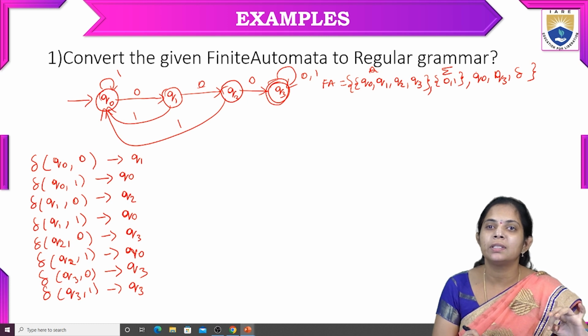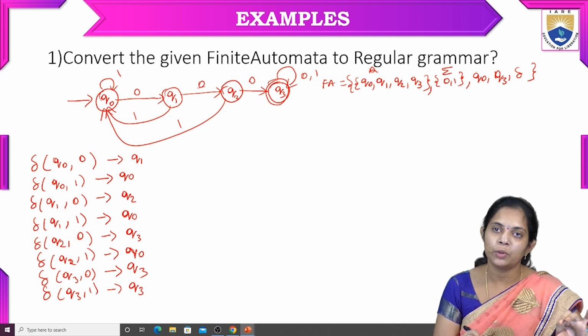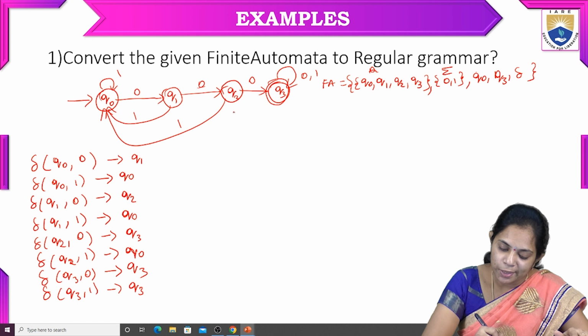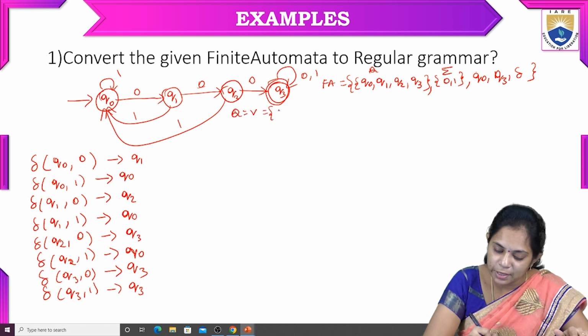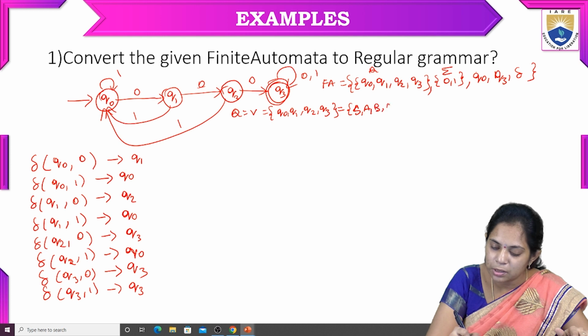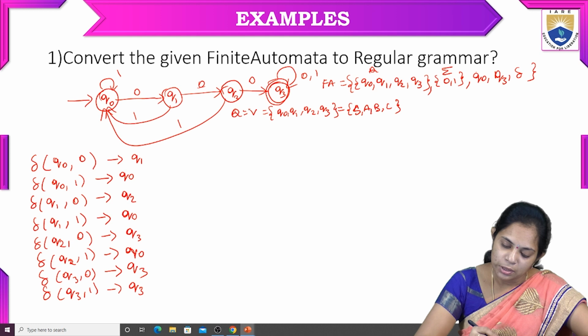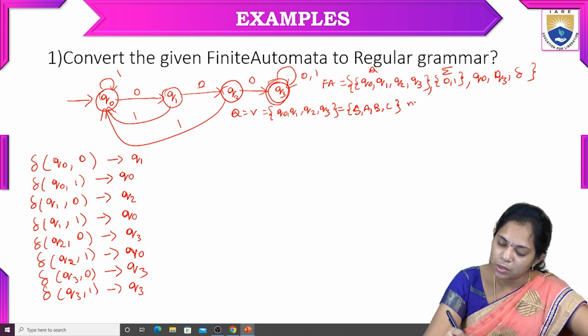We have to convert that 5 tuple to a 4 tuple of grammar. So how to do it? Q is equal to V, which has the states q0, q1, q2 and q3. So let us write it as V equal to S, A, B, C. How many states? 4 states, so four non-terminals.